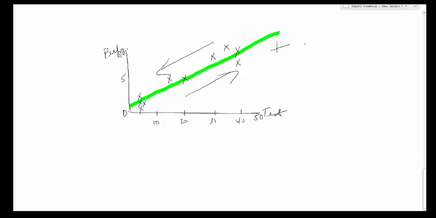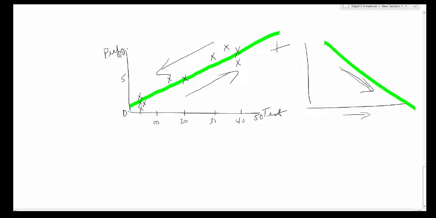Or is there a negative relationship between these? That is, as one goes down, the other goes up. You see we're going up here. As this goes down, as we go down here, this goes up.